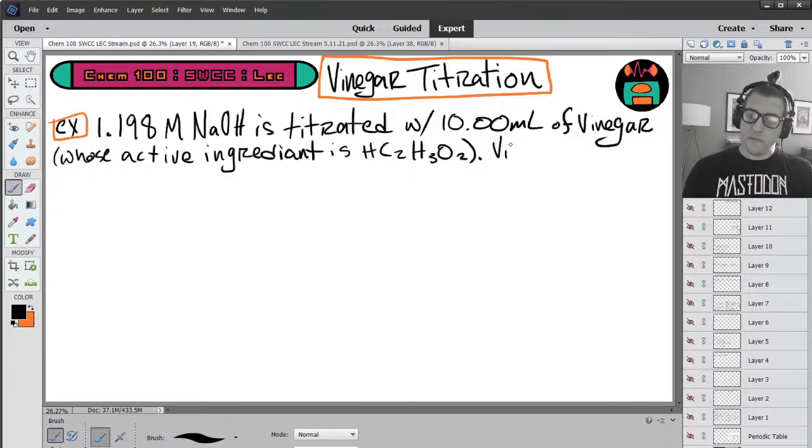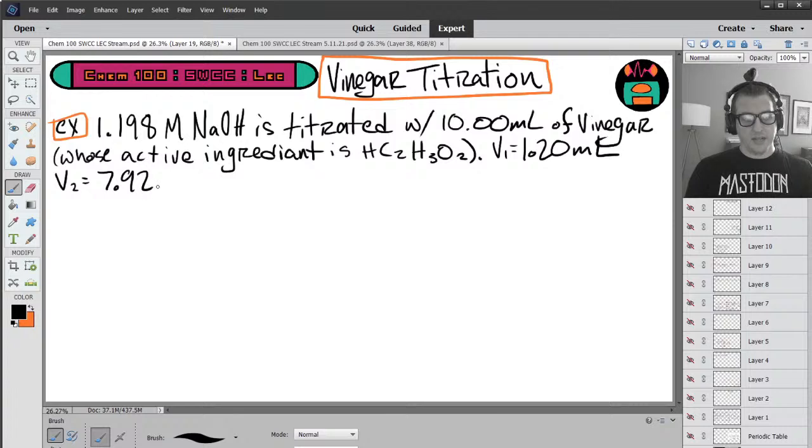The initial volume on the burette reads 1.20 milliliters. The final volume on the burette reads 7.92 milliliters.